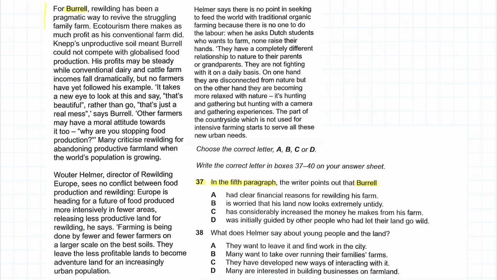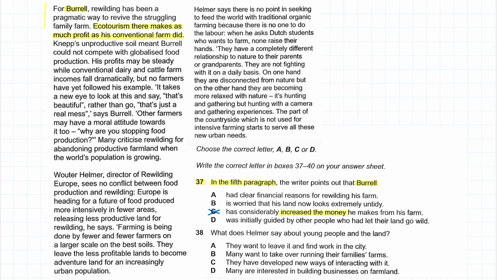For example, we read this: ecotourism makes as much profit as his conventional farm did, but option C says it has considerably increased the money he makes from his farm. No, he hasn't increased the money. So that's incorrect. We cross it out.